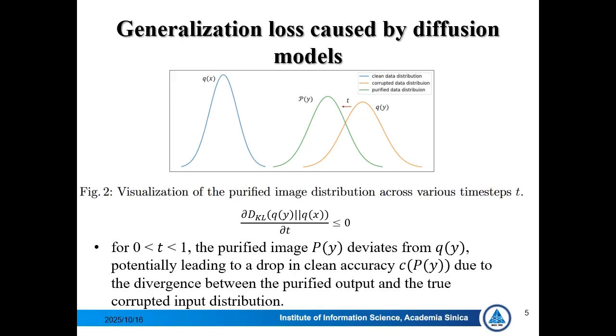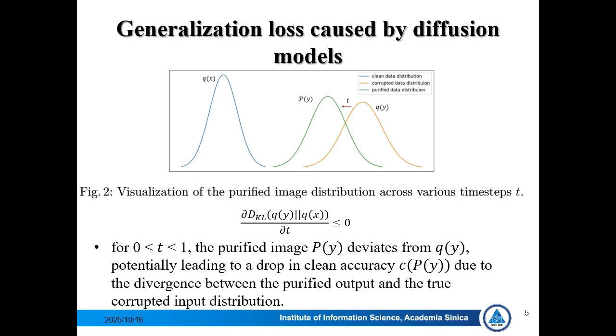On this slide, we illustrate the distribution of purified images to explain why diffusion-based purifiers can reduce clean accuracy. In this figure, consider an image that the classifier can correctly recognize, even though it differs from the training data. For example, it may have a different color tone. We refer to such samples as corrected images, which are shown here as the orange distribution. As the diffusion time step increases, the diffusion purifier gradually pushes these corrected samples toward the clean data distribution.